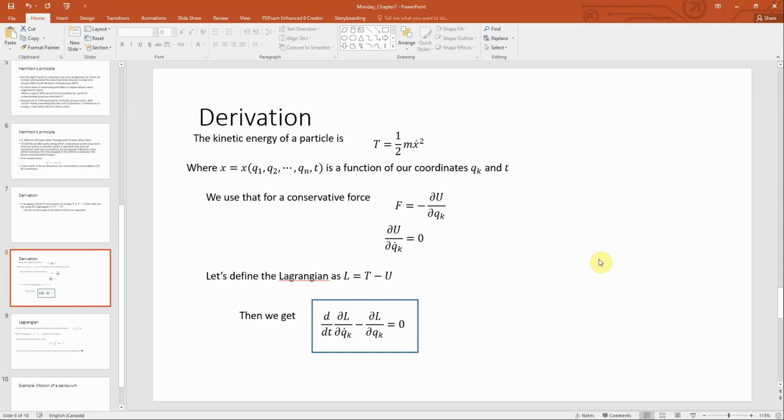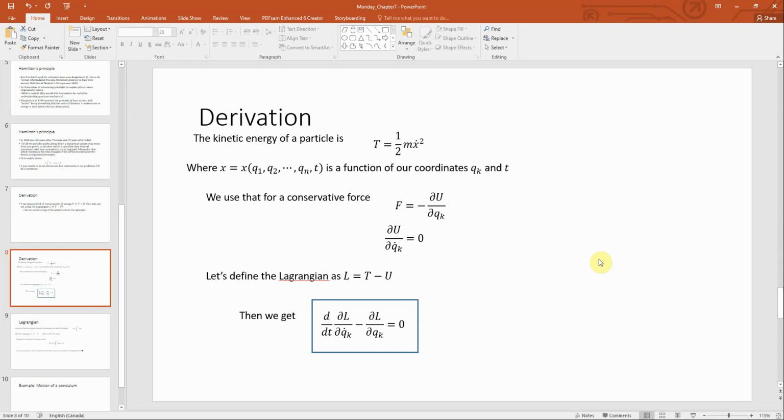We also have, for a conservative force, that the force is the negative of the gradient of this potential, or written in terms of each coordinate, ∂U/∂q_k, where k is the coordinate number. So x, y, or z, for example, in Cartesian coordinates, or r, theta, phi in spherical polar coordinates. But it's a conservative force, so that means that this potential doesn't change as a function of velocity.